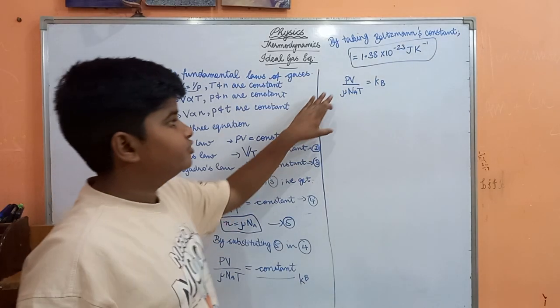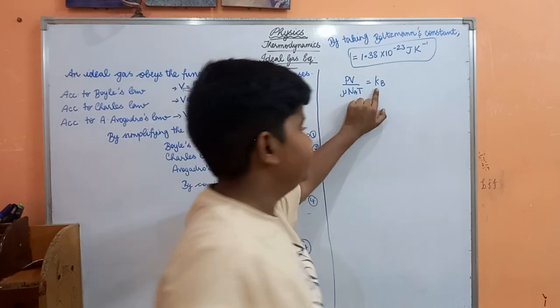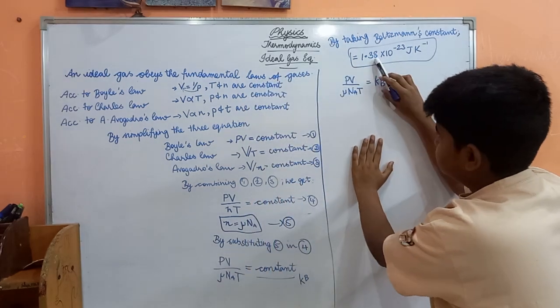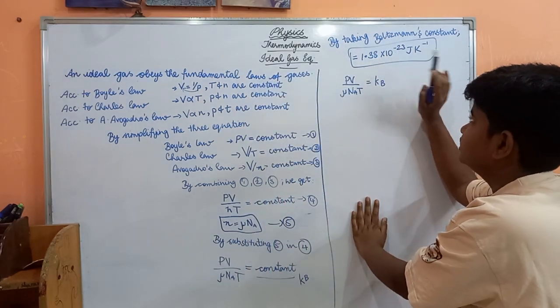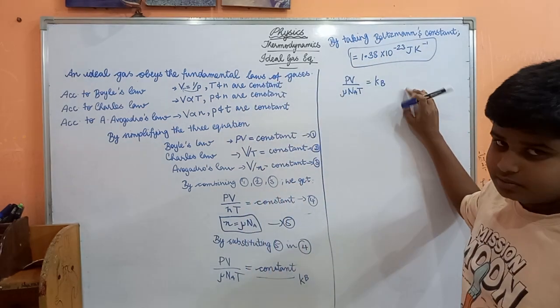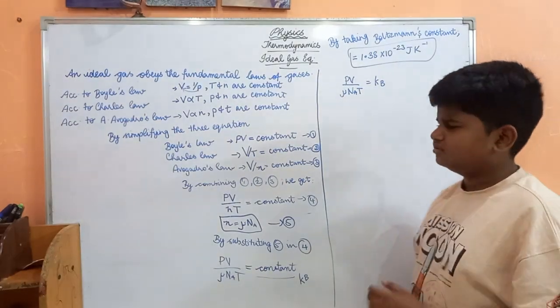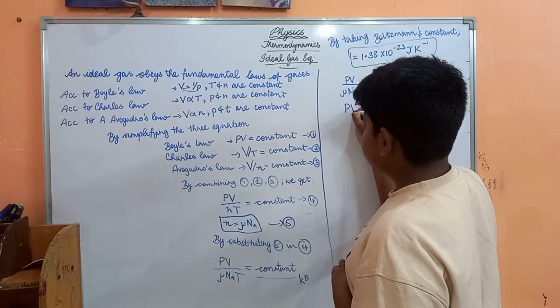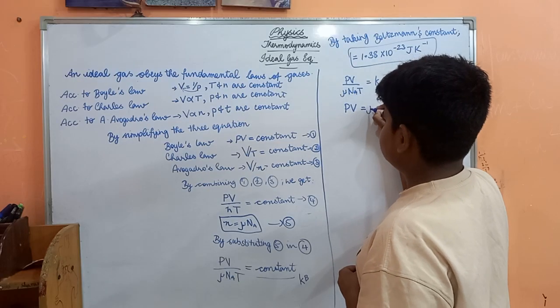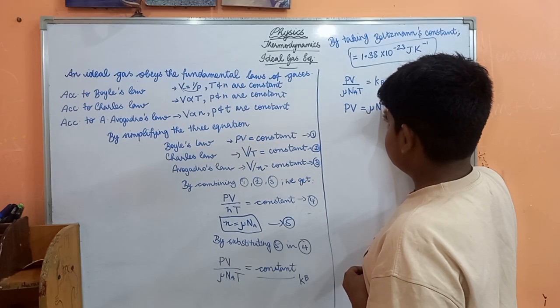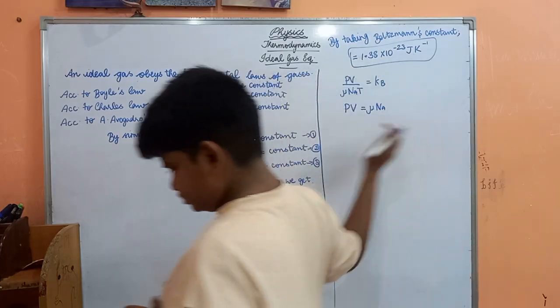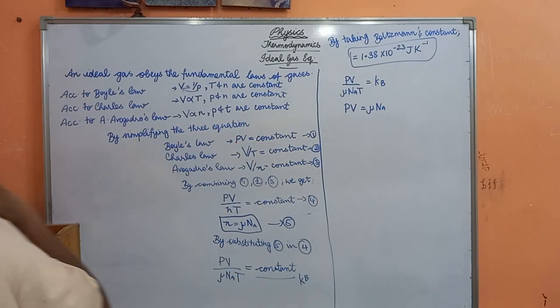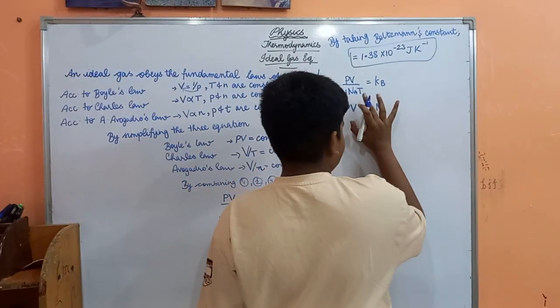So we have to remove this sign. So what is Kb? What does this have? Numbers. So at this point we just don't need numbers. Instead we need the variables and the different scales. So we can take that PV is equal to mu of Na Kb.